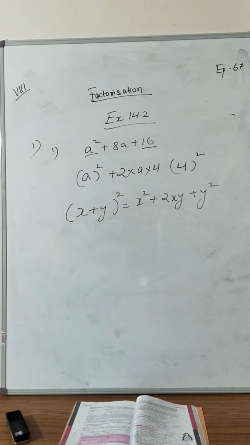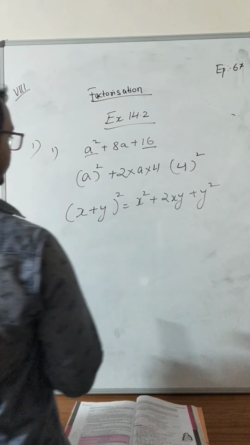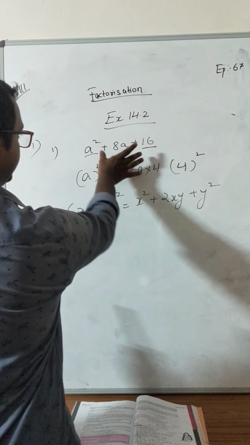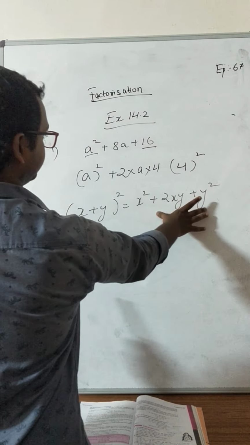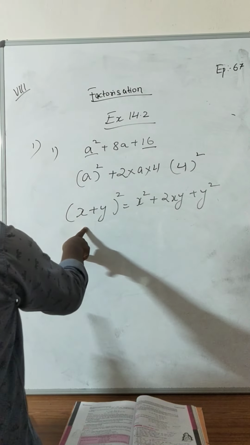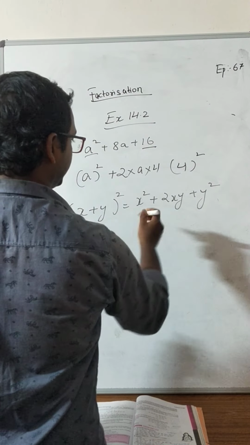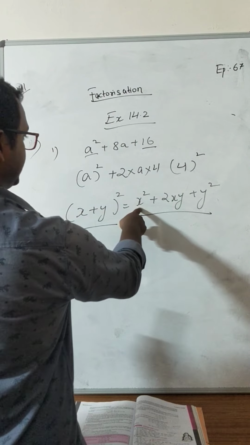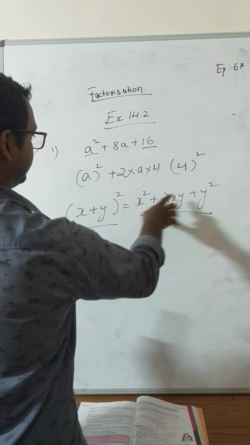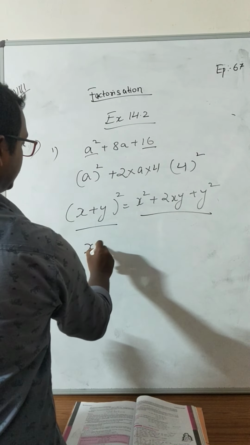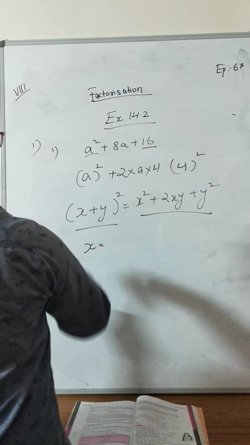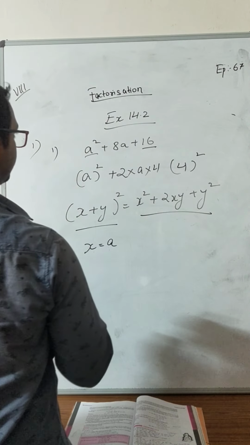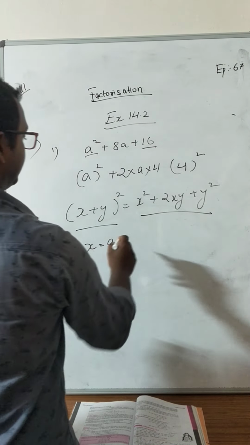This is what is given to us, and this is what we have to convert into this form. Now from x square plus 2xy plus y square, we can identify x is actually a. Next, our y is 4.